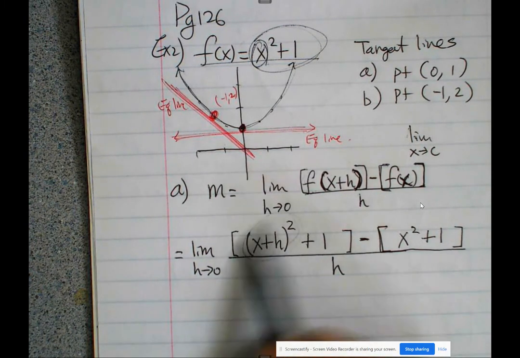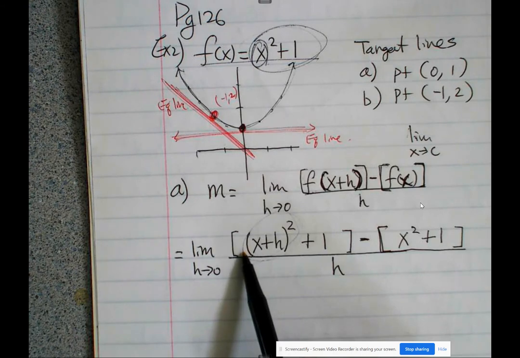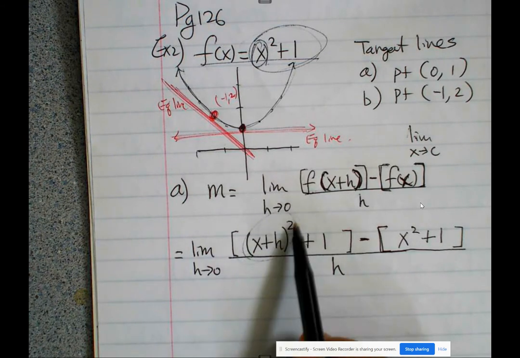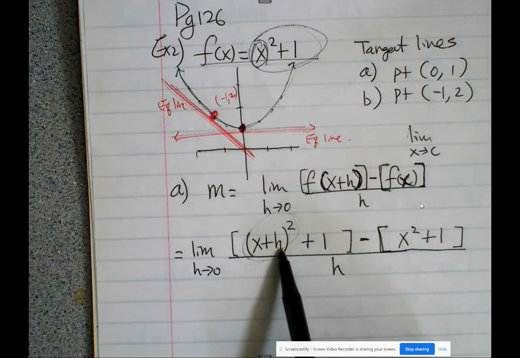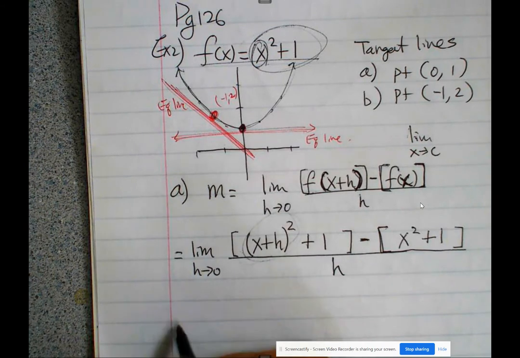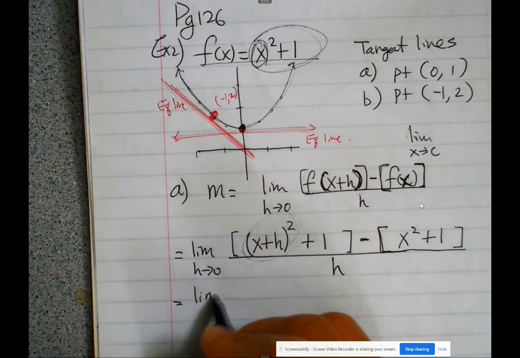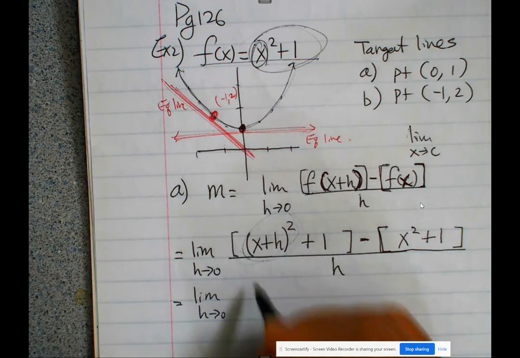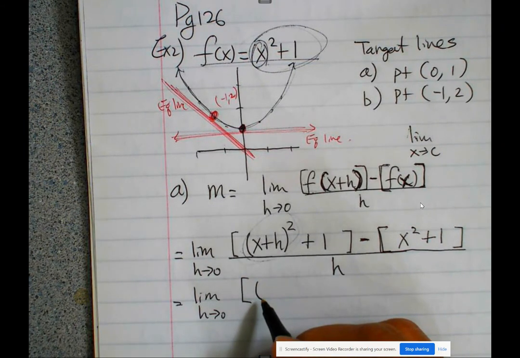Can you help me to FOIL x plus h squared? Isn't that x plus h times x plus h? Remember I told you in calculus class you should be able to FOIL that in your head? So go ahead and FOIL that. So I'm going to use a bracket. What is it if you FOIL x plus h times x plus h?